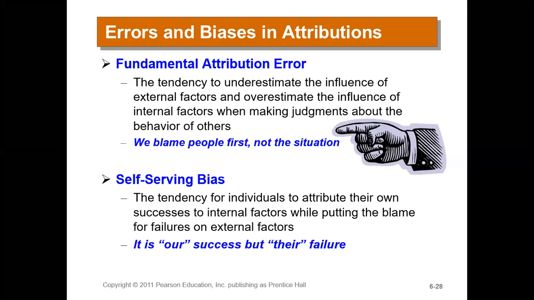We often blame people and not the situation. This is a very common kind of judgment that we make. We give very little importance to outside factors and emphasize more importance on the internal factor.